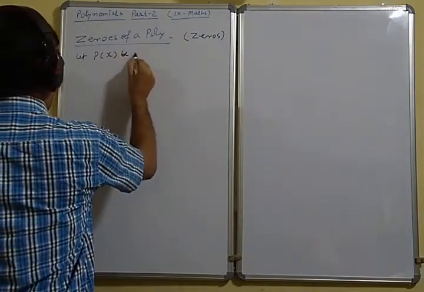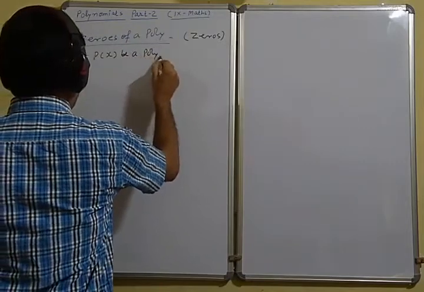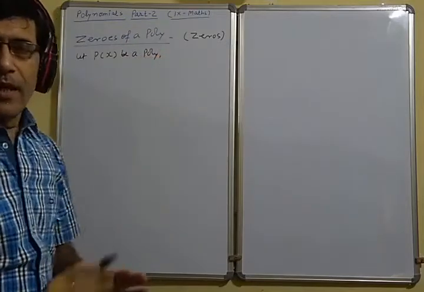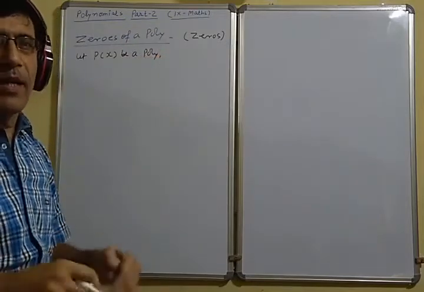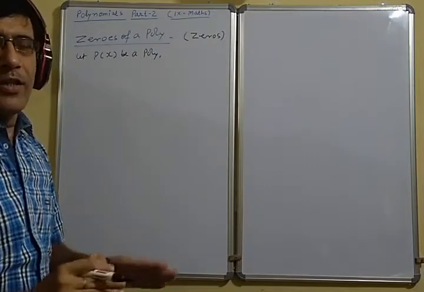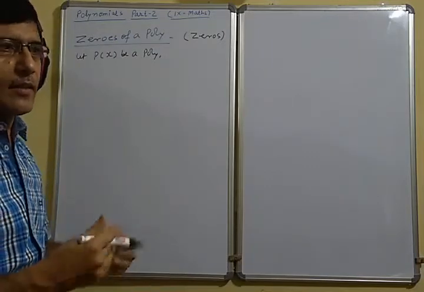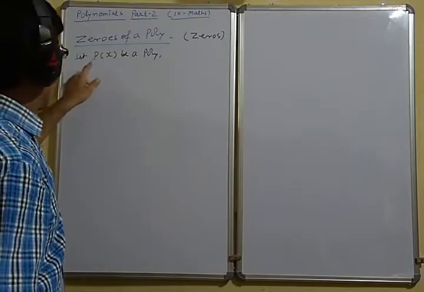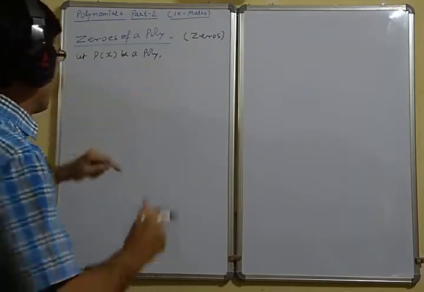Let P(x) be a polynomial. Here P(x) is any polynomial; P(x), P(y), F(y), F(t), H(t), whatever you can take as a polynomial. So here we have just taken P(x) as any polynomial.